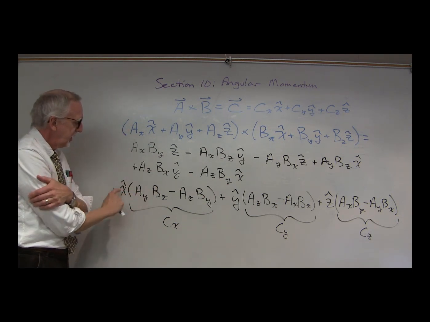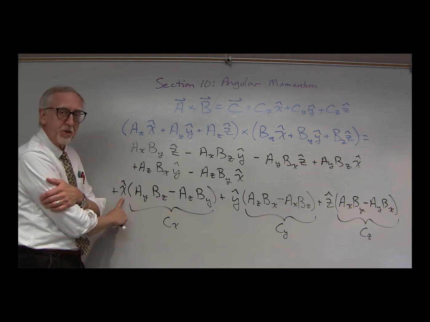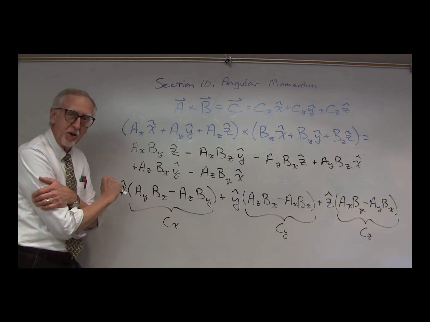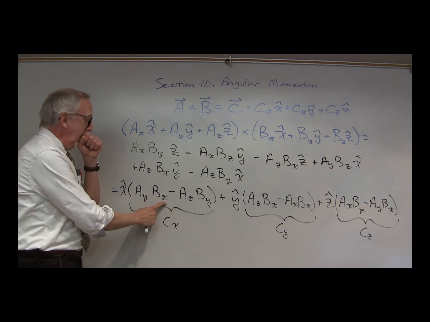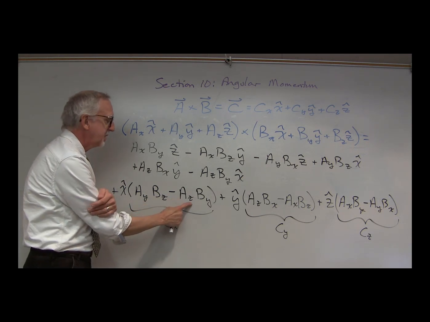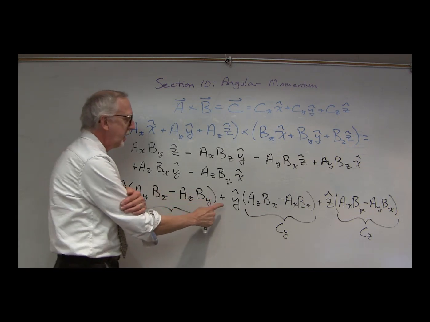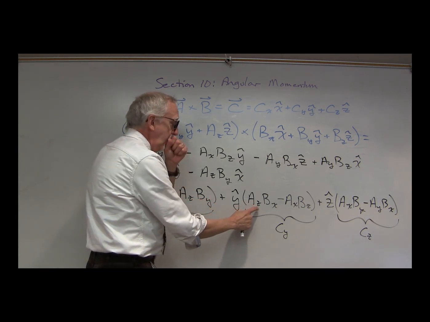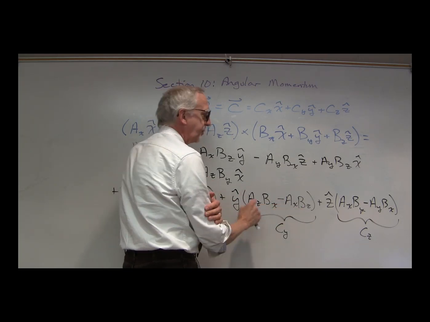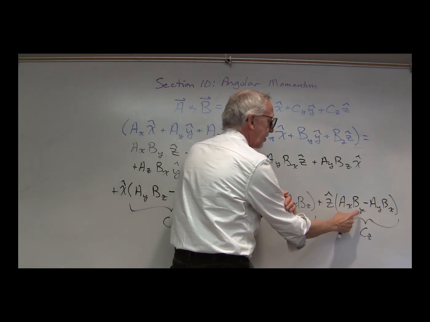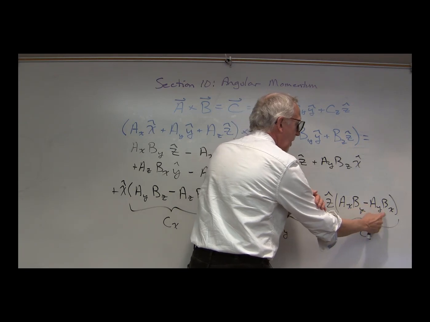Well, let's notice here. If we look at the unit vector and then the component of A and the component of B, we have x, y, z. And then minus zy. Here we have y, zx, and then minus xz. And here we have z, xy, minus yx.